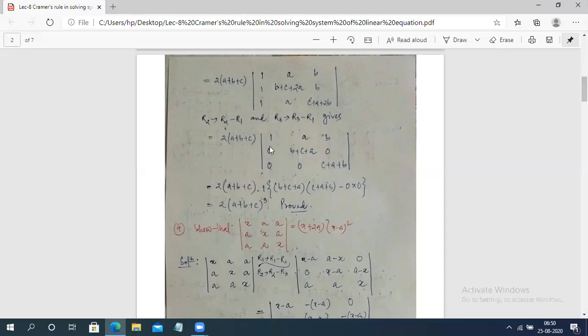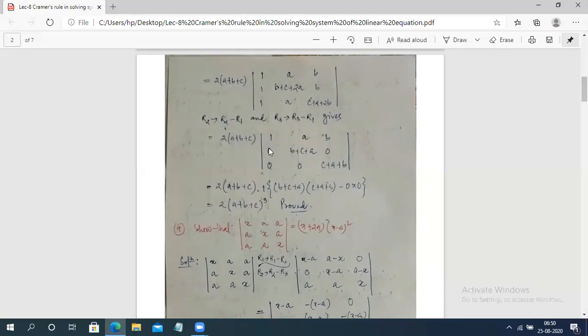Now, since we have 2 zeros in the first column, just expand this determinant along the first column, or you can do along R3 also, because in R3 also we have 2 zeros. So it is up to you.